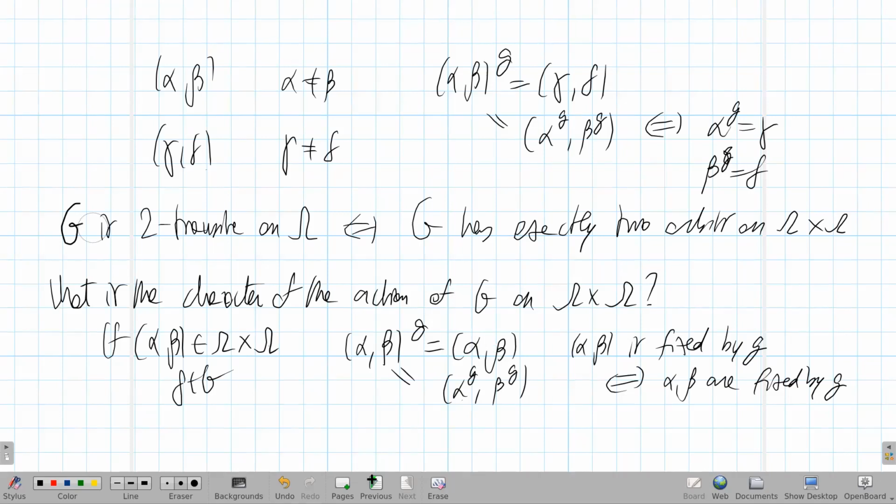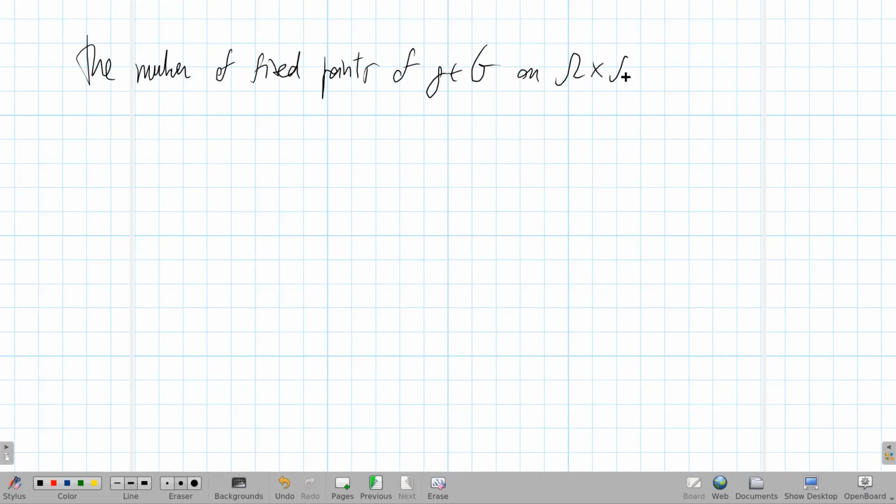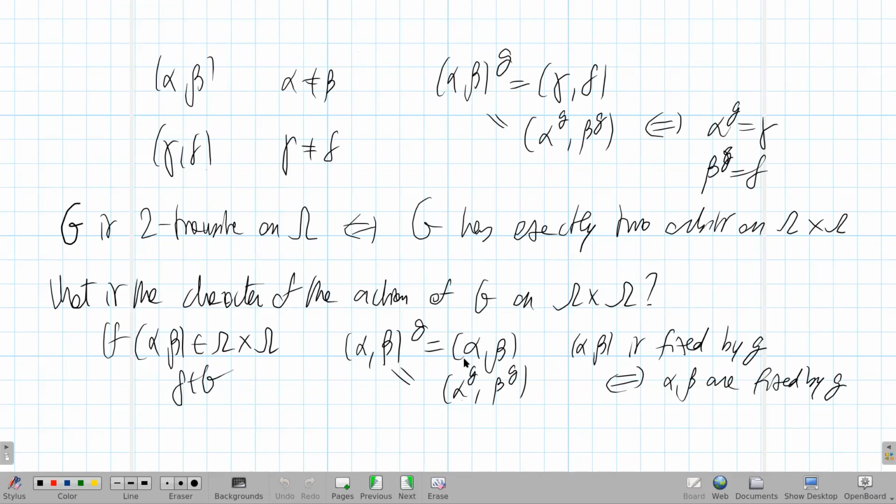So what is the character? The number of fixed points of g in G on omega times omega is given by, well, a pair is fixed by g if both the first component and the second component are fixed by g.